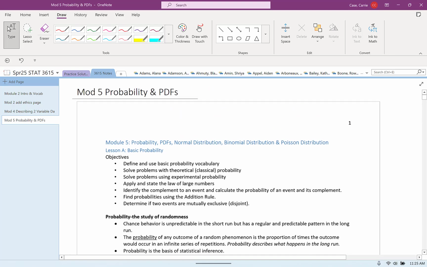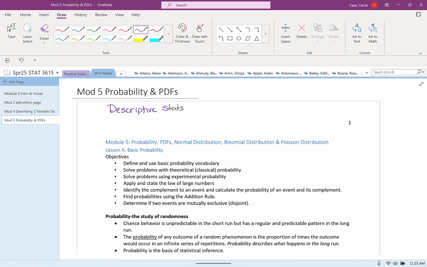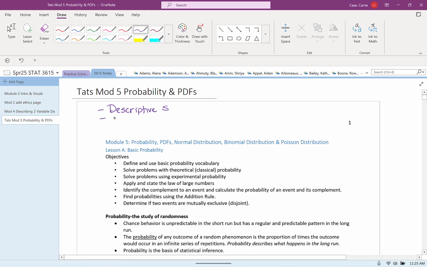So early on in the semester, I told you we had descriptive statistics. That was the first type of statistic we were going to do. Then we had probability, and then we have inference.